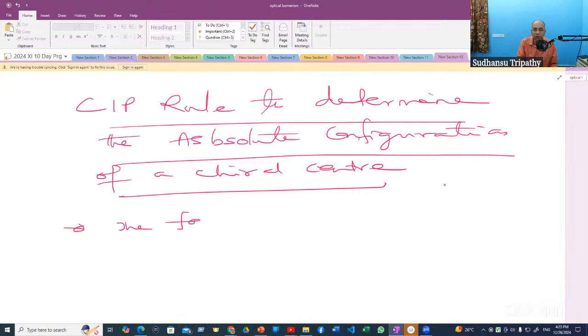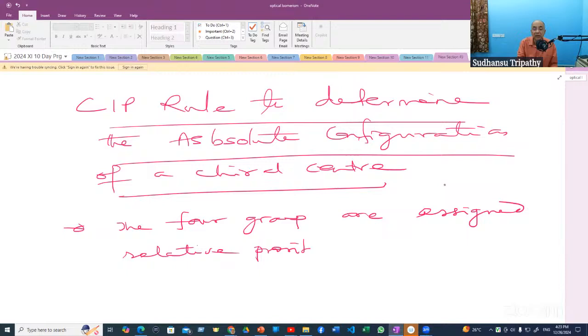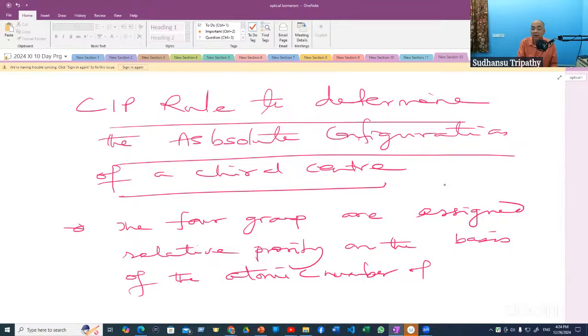The 4 groups are assigned relative priority on the basis of the atomic number of the first atom.